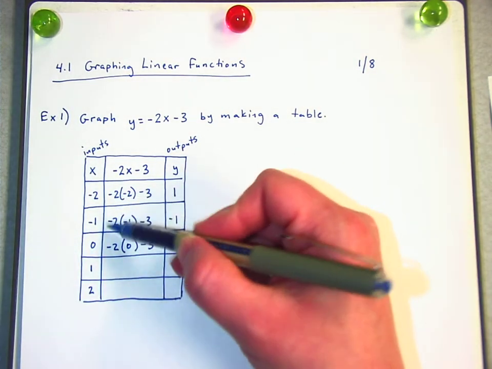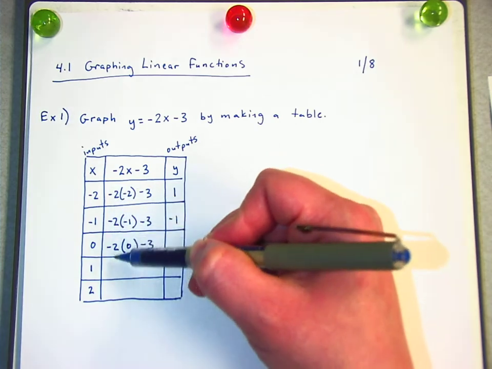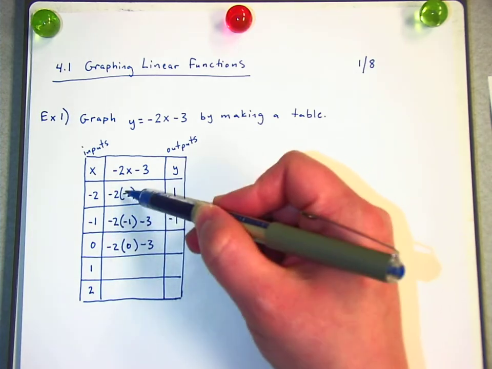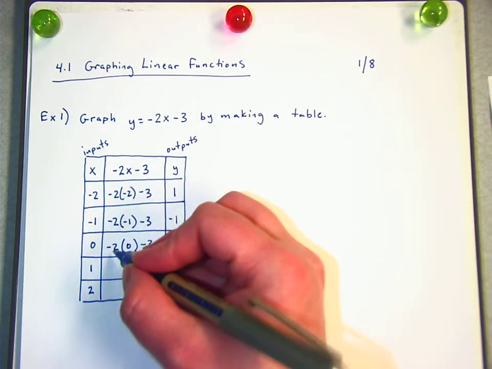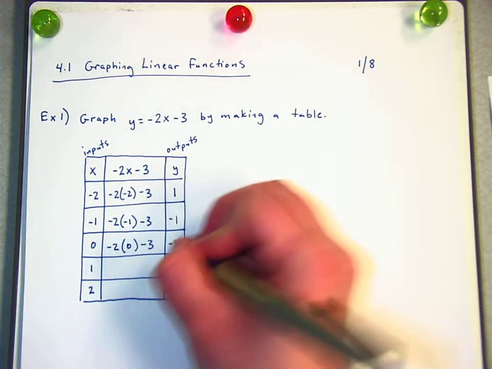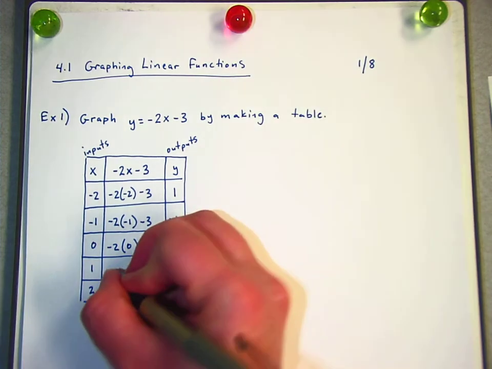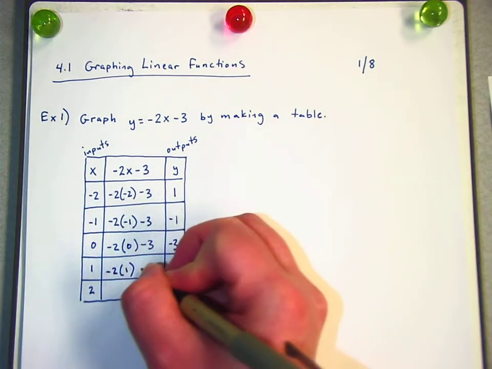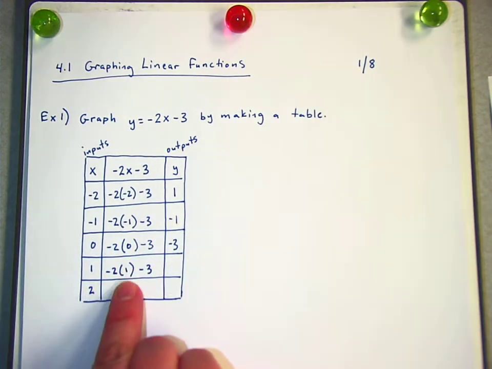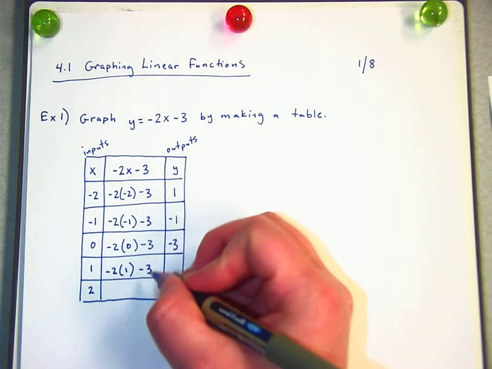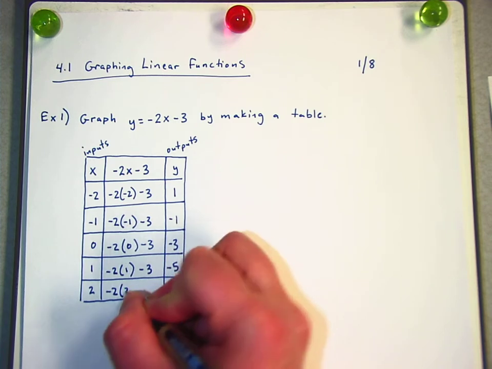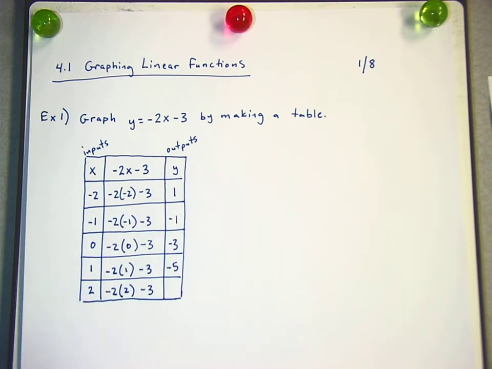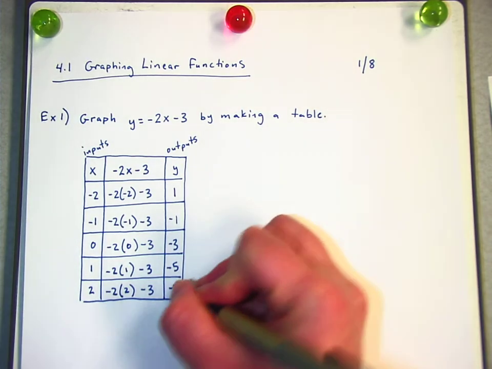Notice that all of these look exactly the same. They're all -2's out front. They're all -3's in the back, but just the number inside the parenthesis changes based on what the input is. -2 times 0 is 0, and then -3. -2 times 1 is -2. -2 minus 3 is -5. -2 times 2 is -4, minus 3 is -7.